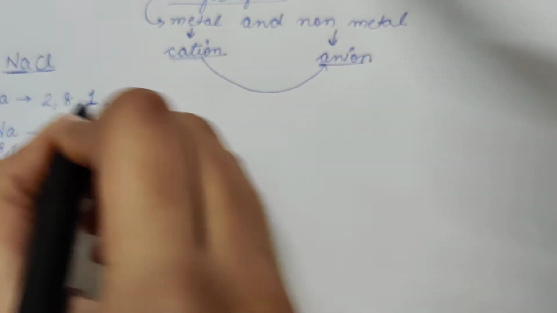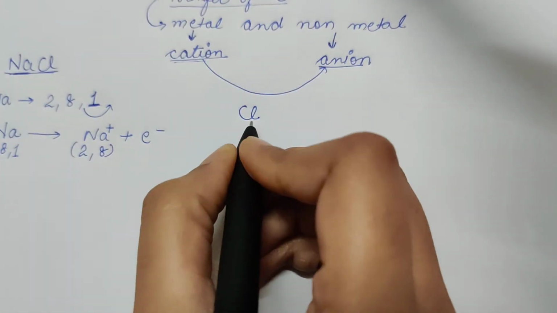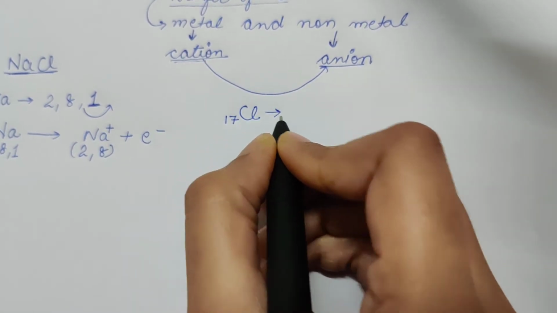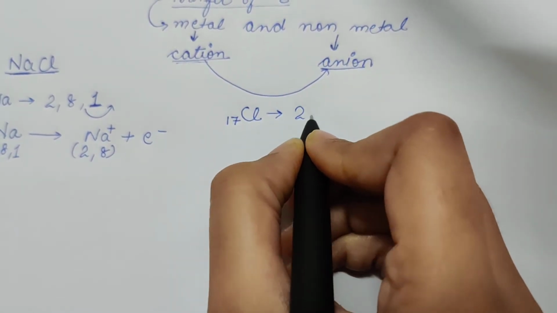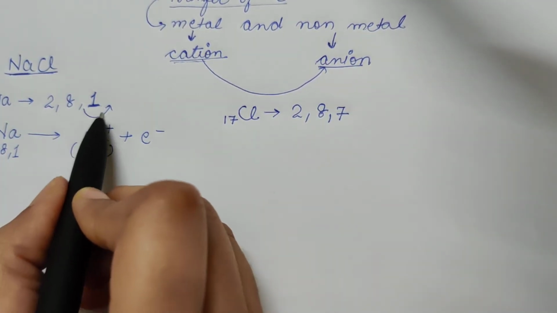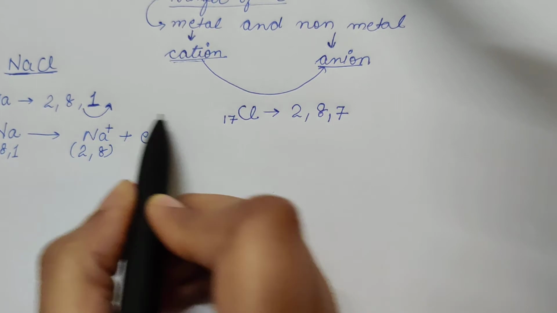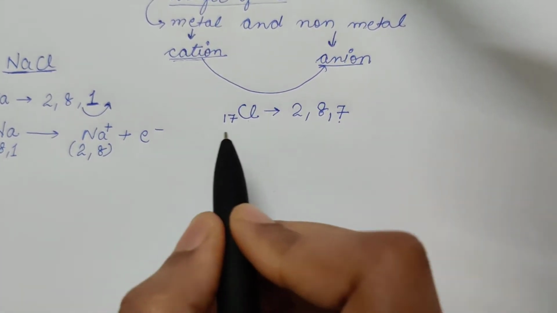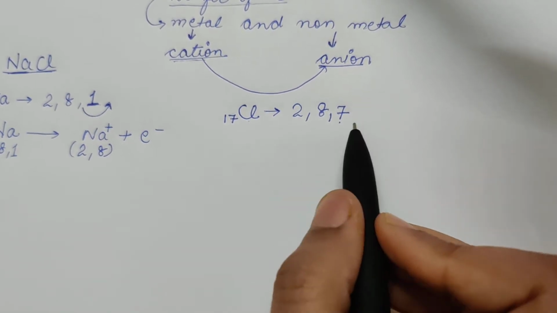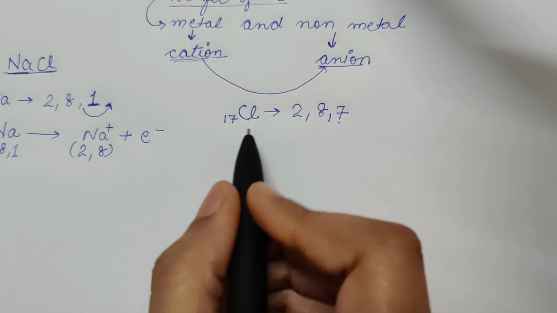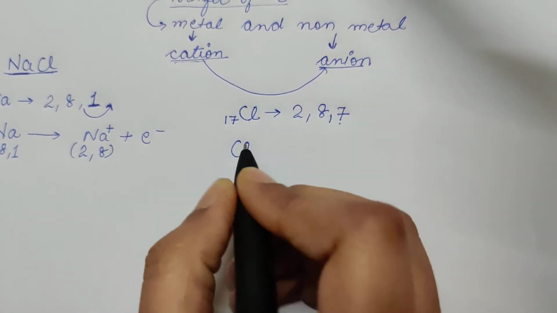Now this is the same for chlorine. For chlorine the atomic number is 17 and the electronic configuration is 2 8 7. Now what will happen, this one electron which is given by sodium is accepted by chlorine so that it can attain the stable electronic configuration, and you have to represent it in an equation like that.